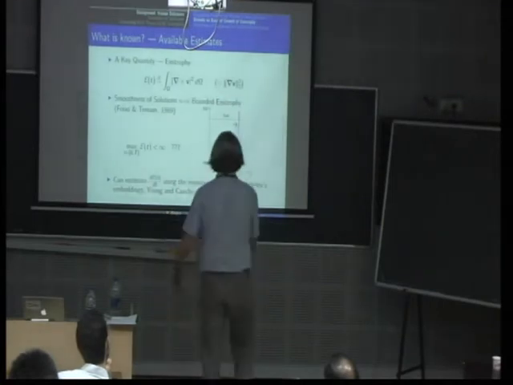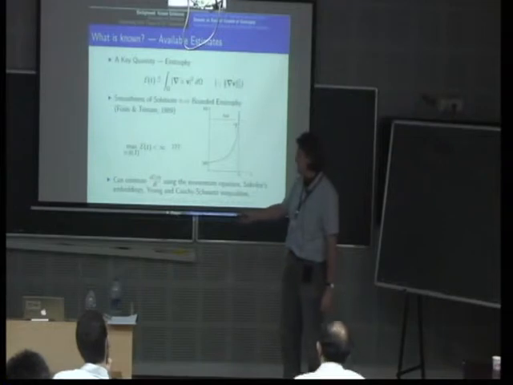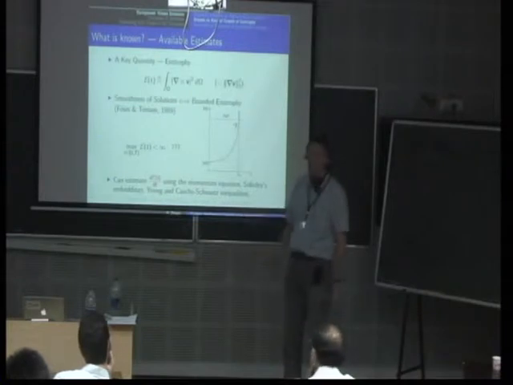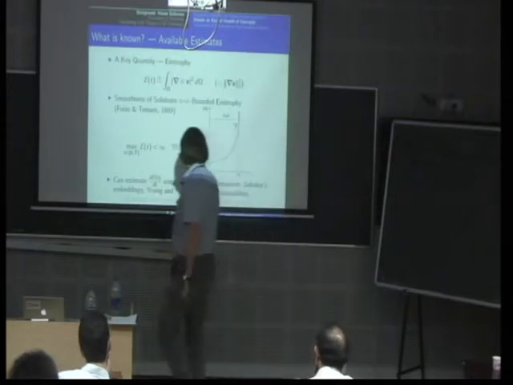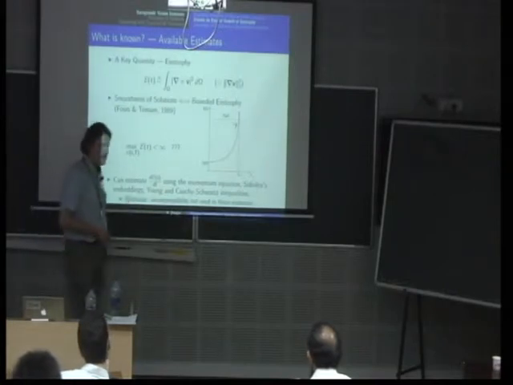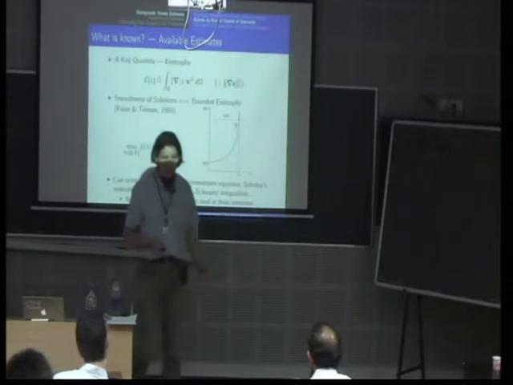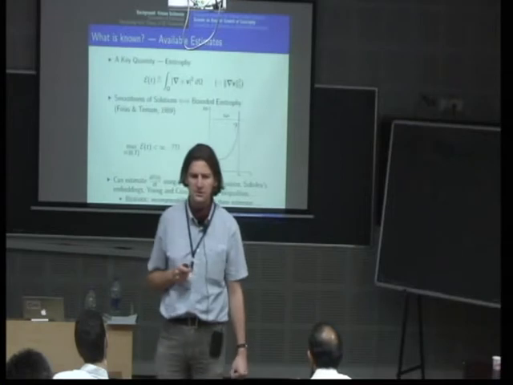So what we would like to do is have some estimates over how enstrophy can grow. In other words, we would like to bound dE/dt, the rate of change of the enstrophy. And this can be done using, first of all, the momentum equation, Sobolev embeddings, Young and Cauchy-Schwarz inequalities, although somewhat intriguing, the incompressibility condition is not really used in those estimates.